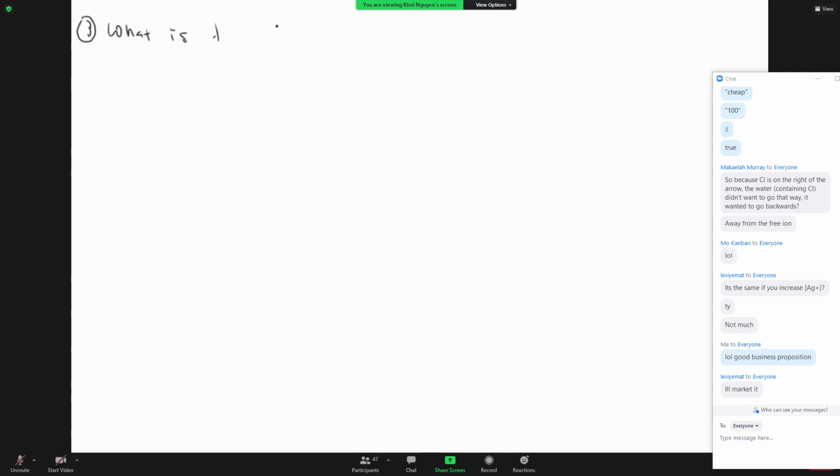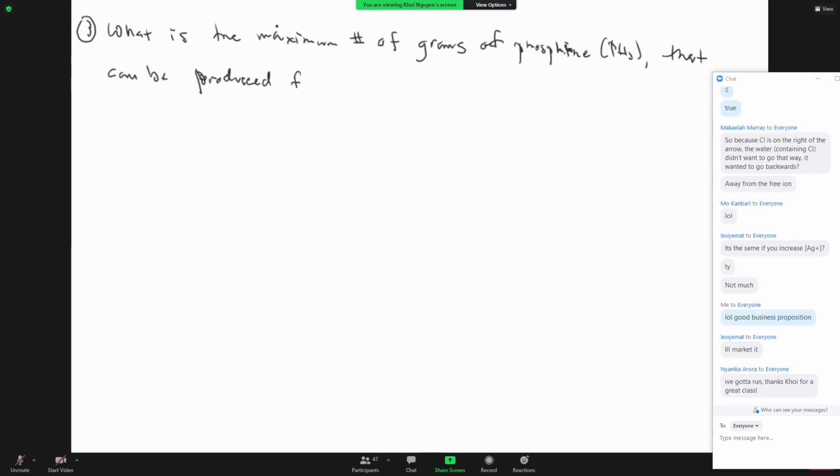What is the maximum number of grams of phosphine, PH3, yes, that has a name, that can be produced from 1.5 moles of P2O5.